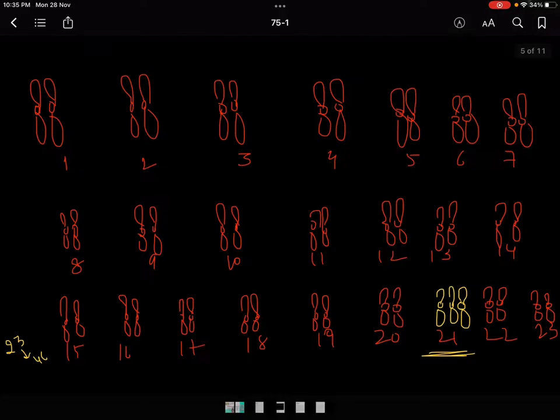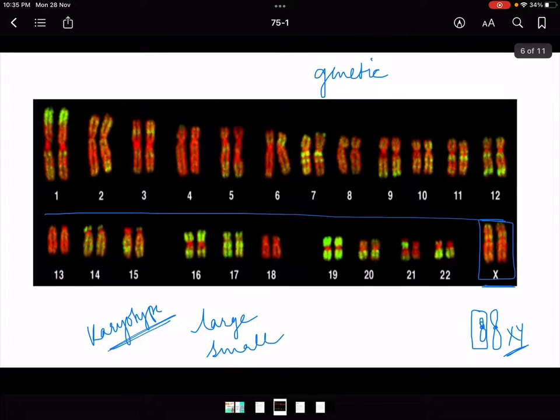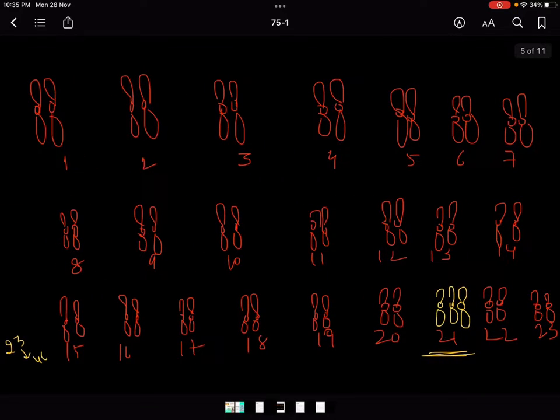So what we are trying to do is, this is a karyotype of a normal person, maybe he has all his chromosomes. Now somebody is thinking that there might be a possibility that this child has a certain genetic disorder, so let's get its karyotype done.